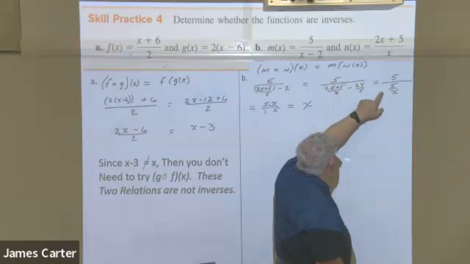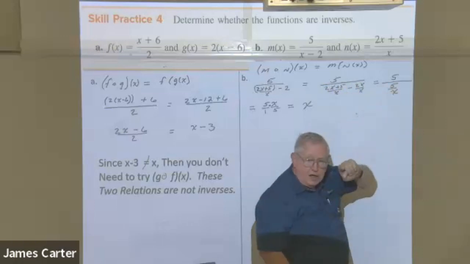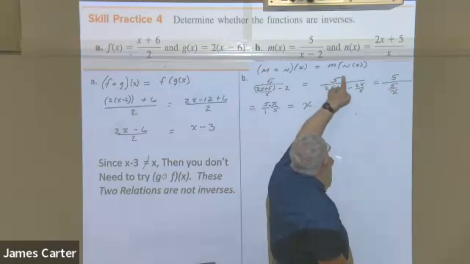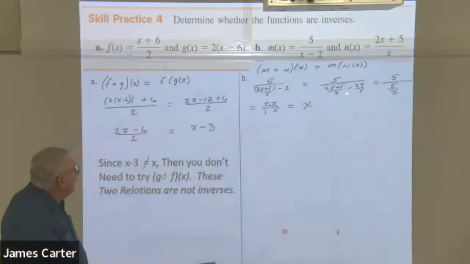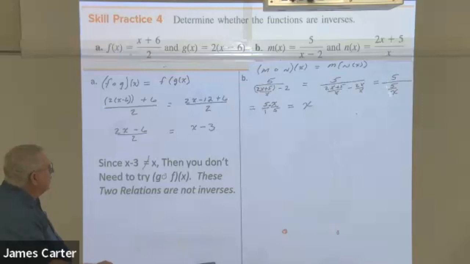So those two cancel out, just leaving this 5. And over here, that 5 comes across. But I wanted to show you how this became that. Okay, so now, in this case, I've still got a compound, so I'm going to flip and multiply that, which is what I did here, flipped and multiplied, and I did get x. So now I have to test the other way.